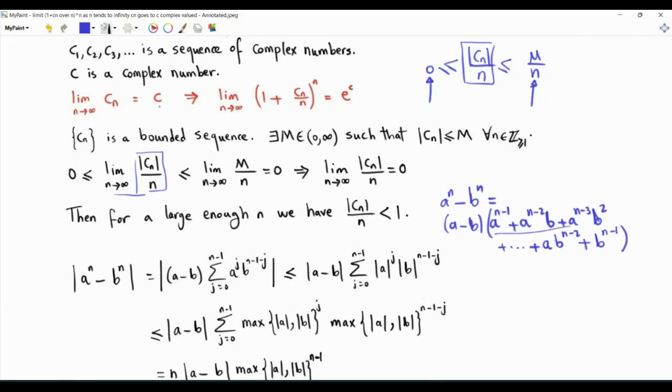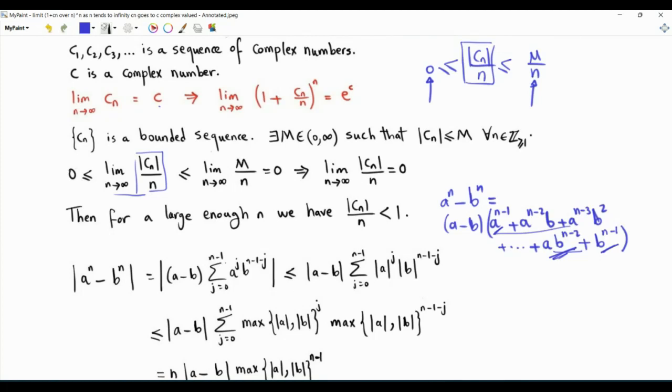We can write this bracket as a sum over j from 0 to n minus 1 of a to the j, b to the power n minus 1 minus j. If j is 0, we have this term here. If j is equal to 1, we have this term here. If j is equal to n minus 1, we have this term here.